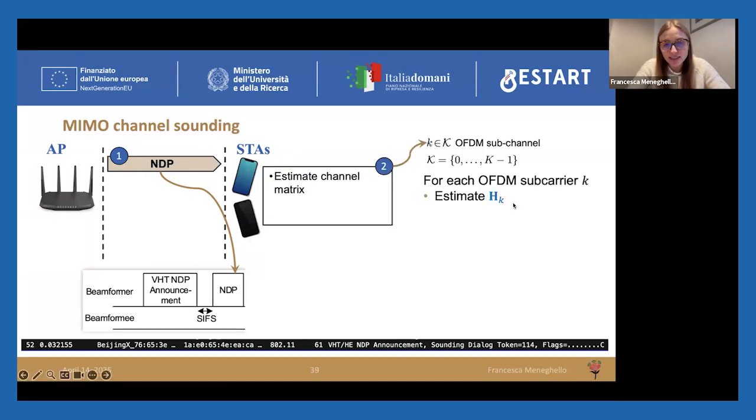So they can estimate the channel frequency response. And after doing that, they have to transmit back the channel frequency response to the access point. But to do it efficiently, the stations will first compute a compressed representation of this channel frequency response. And this is done by first decomposing the channel frequency response through singular value decomposition.